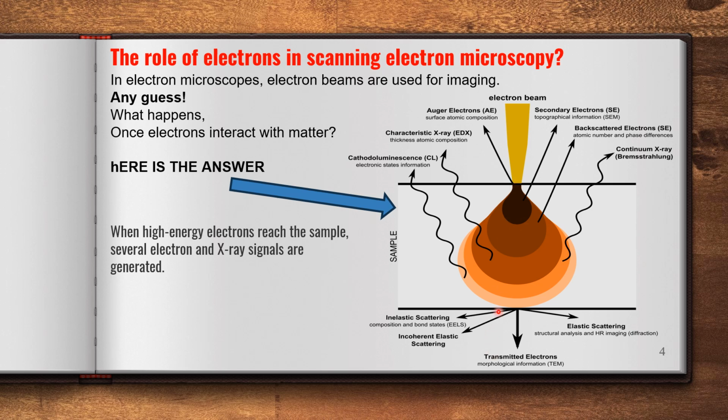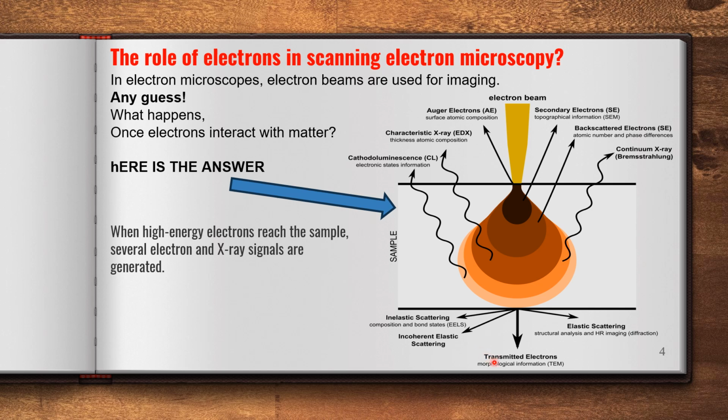And below, there is a possibility of inelastic scattering, elastic scattering, incoherent elastic scattering rays, and transmitted electrons. If the electrons pass through the sample, these electrons are called transmitted electrons.